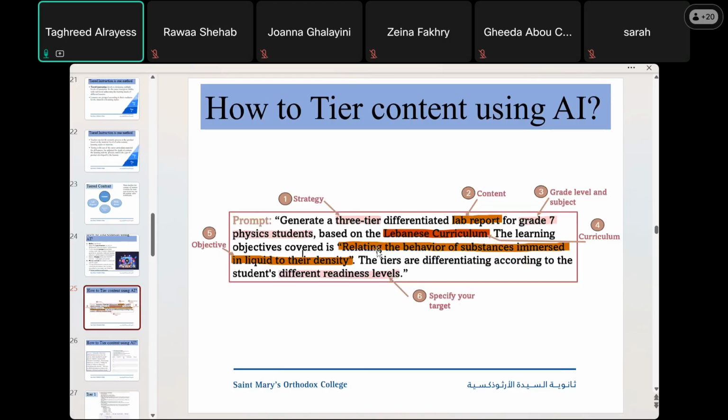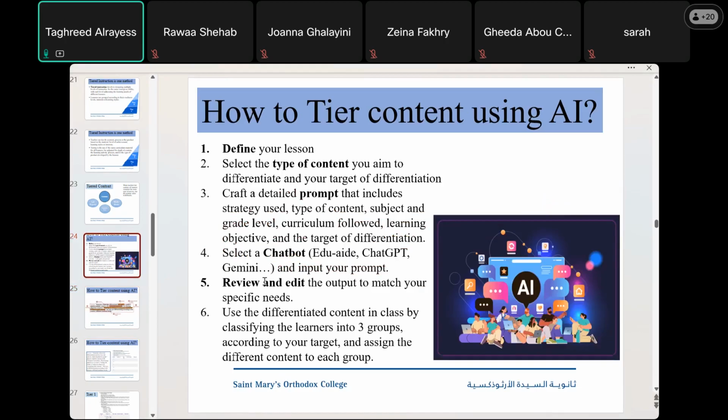And we have to mention our objective, and finally our target. Mentioning our target is very important. And here, for example, I chose to differentiate, to target or to address the learners' different readiness levels in this case.